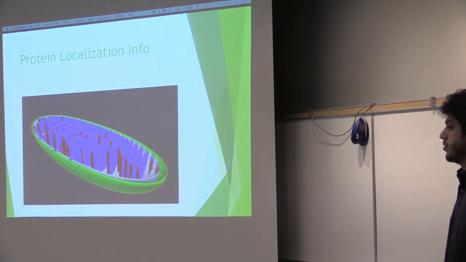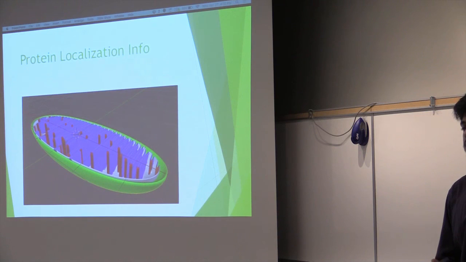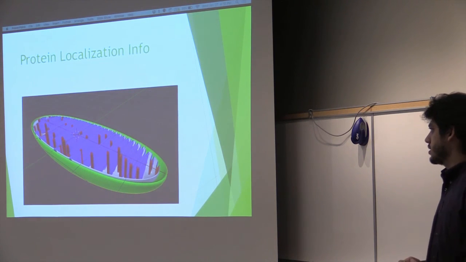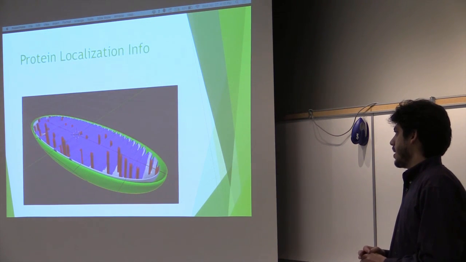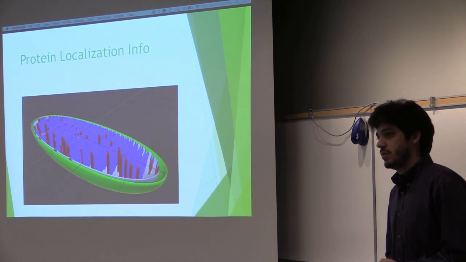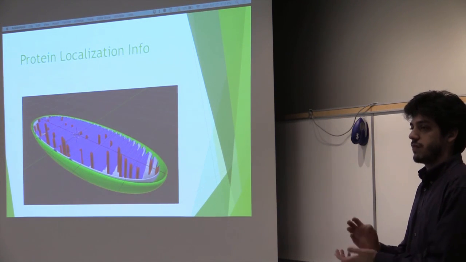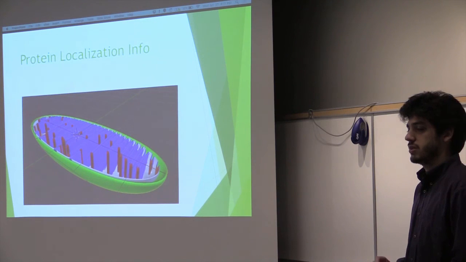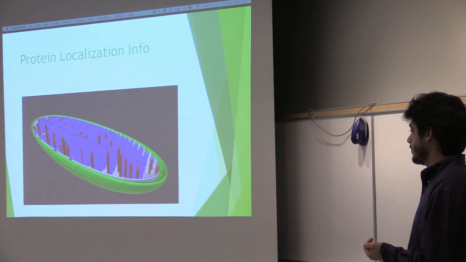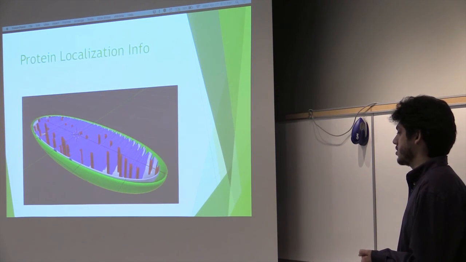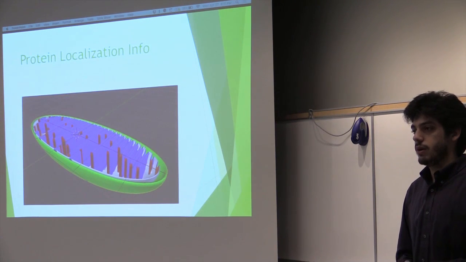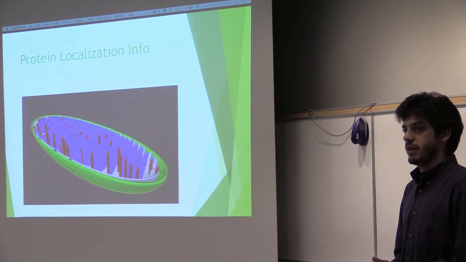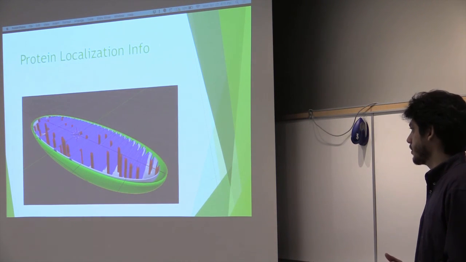The way that protein localization is transferred into this software is that we can paint materials onto the surface, which essentially means that groups of vertices are labeled as belonging to one section. And then BioRender can be told which proteins go on which areas, and therefore place proteins where they should properly belong.